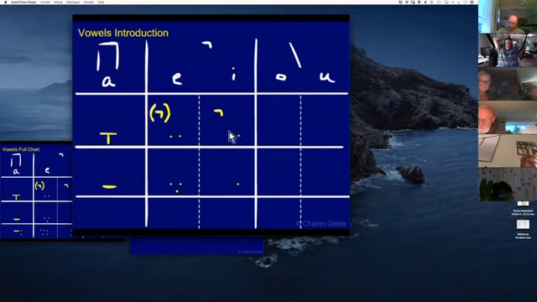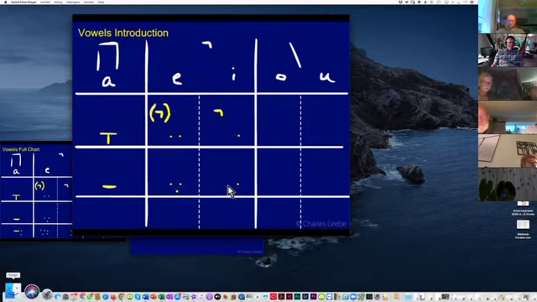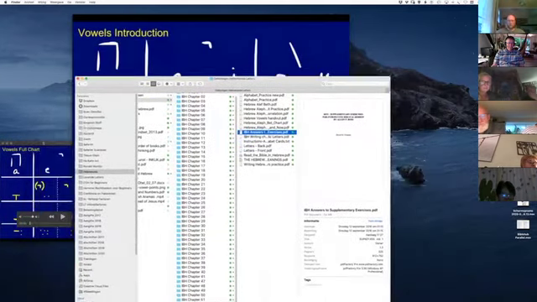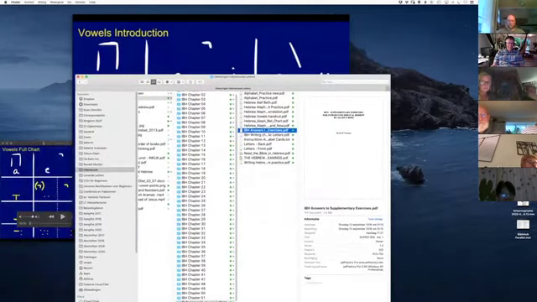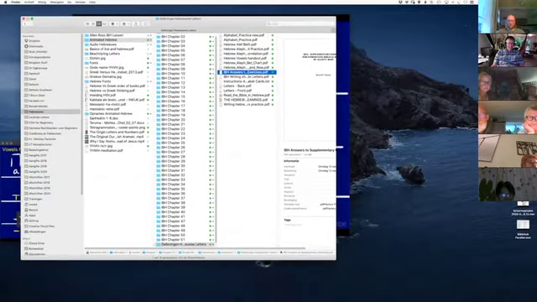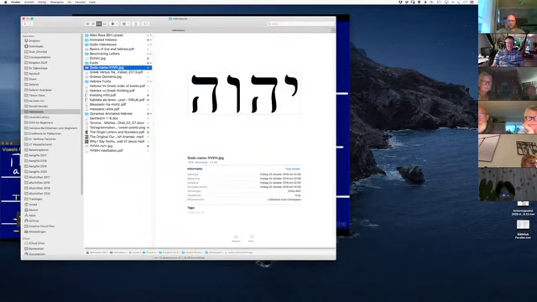The consonant up here would sit over here for the hiriq yud. For the hiriq, the consonant would sit here. The hiriq is short. The short I is pronounced I as in hit. So I as in hit for the hiriq, and E as in machine for the hiriq yud. Those are our I vowels.